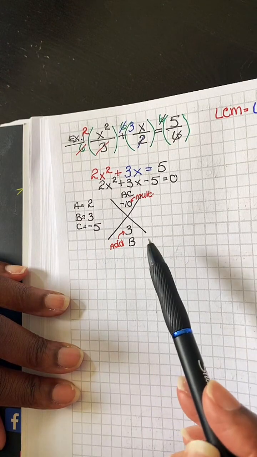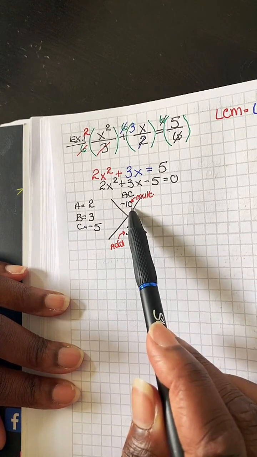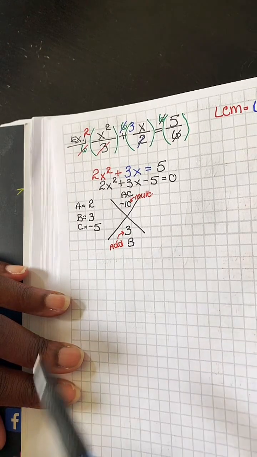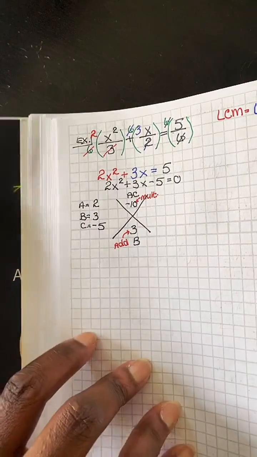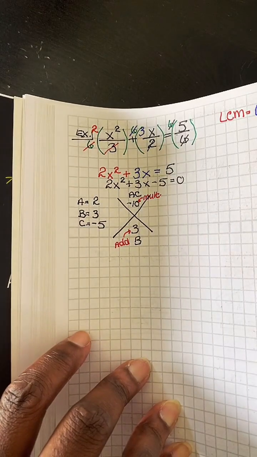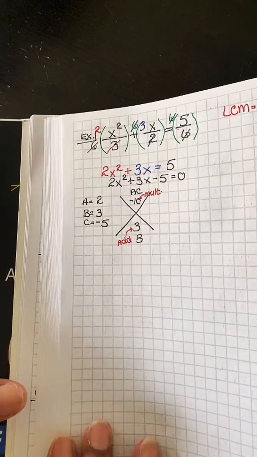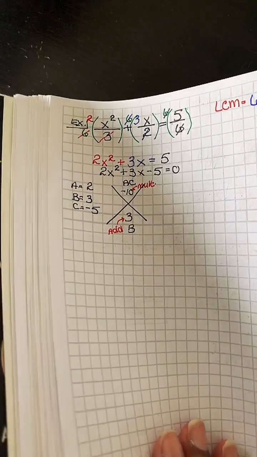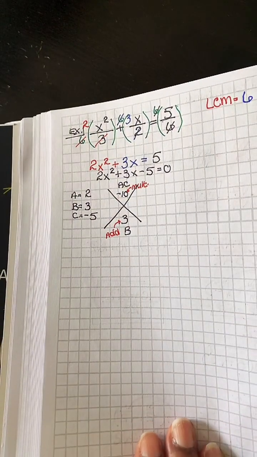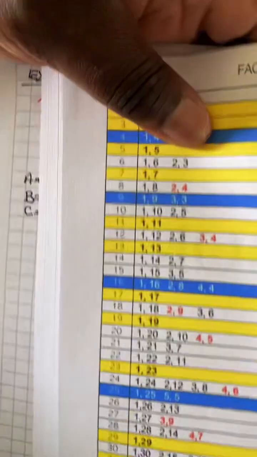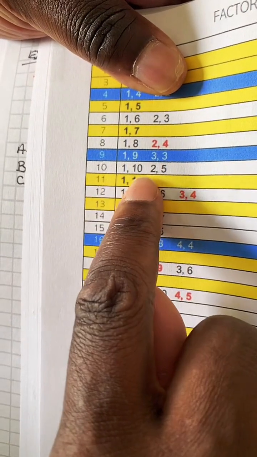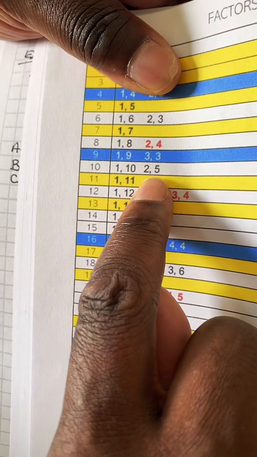So now you got to think, what two numbers multiplied together will give you a negative 10 and add together to give you a 3, which I said was the hardest part. A lot of people were telling me negative 5 and 2, not negative 2 and 5, negative 5 and 2. If you ever get stuck, here's 10. The factors of 10 are 1 and 10, and 2 and 5.